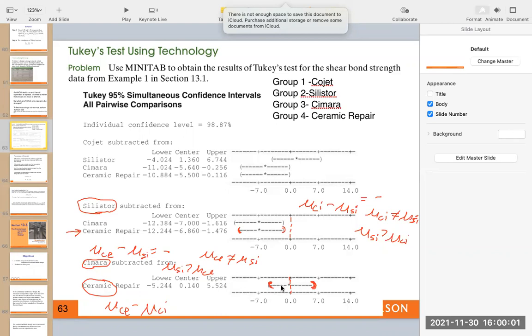They created a confidence interval and said we're 95% confident that the true difference between the population means of the ceramic and Simara is between -5.2 and +5.2, which does contain 0. So there is a high likelihood that when you subtract the population means, they are 0. That means the two means are equal.